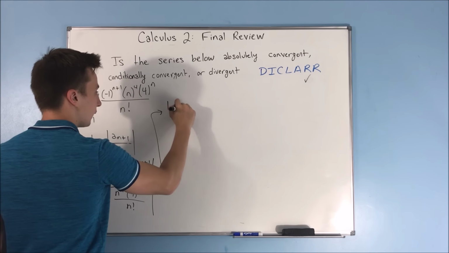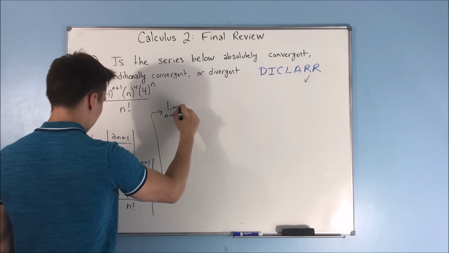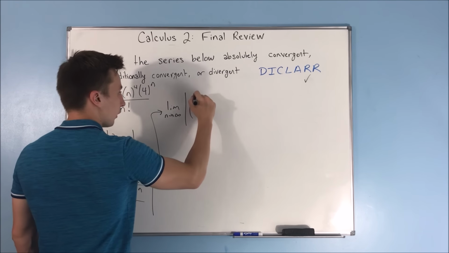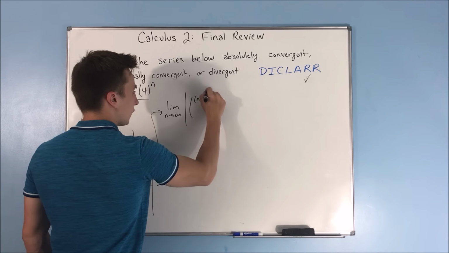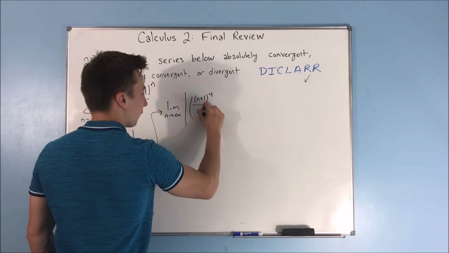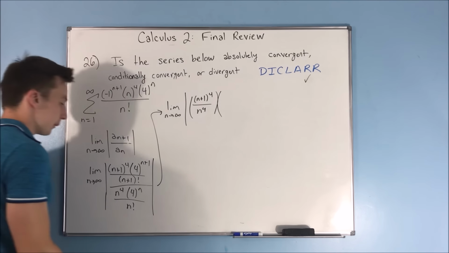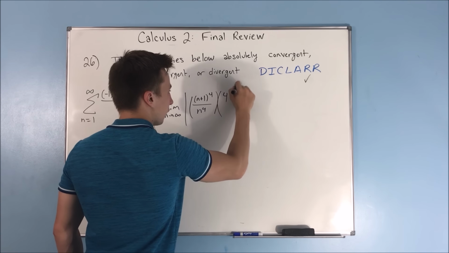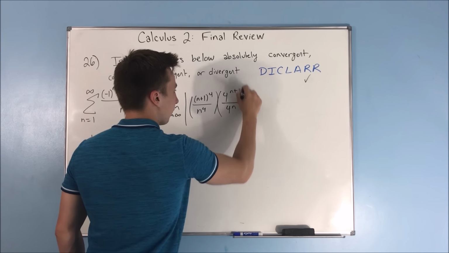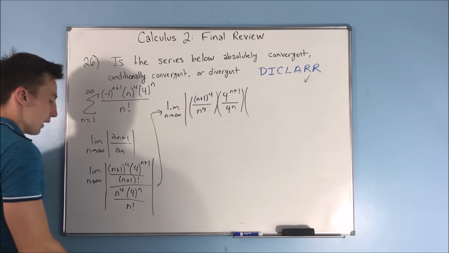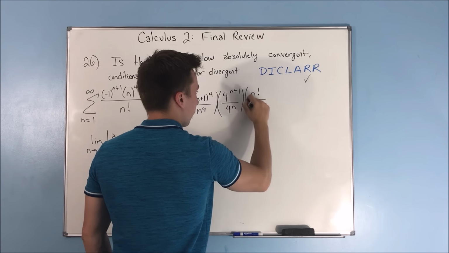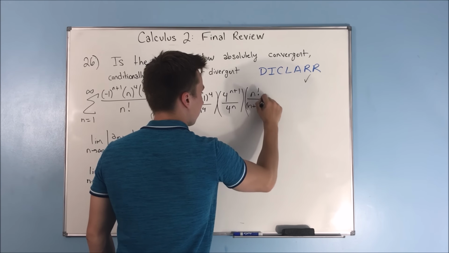We'll get the limit as n approaches infinity of the absolute value of (n plus 1) to the 4th power over n to the 4th, times 4 to the n plus 1 over 4 to the n, and that's going to be multiplied now by n factorial over (n plus 1) factorial.